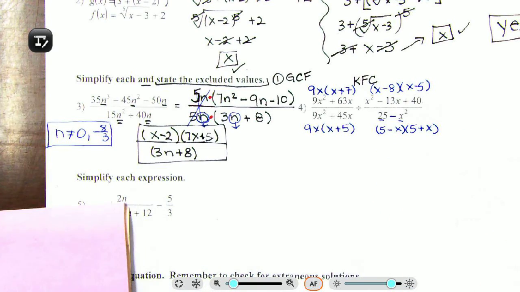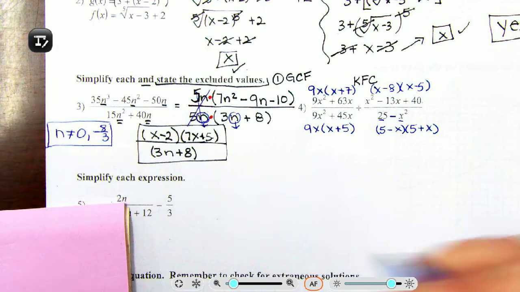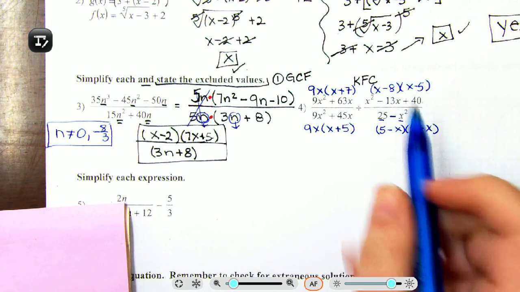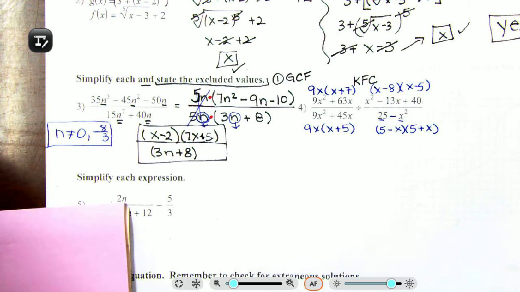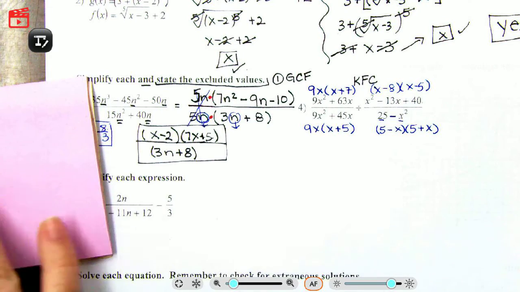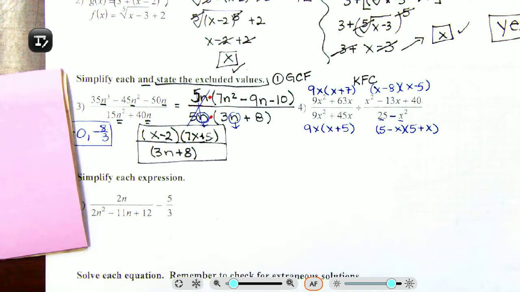Okay, here it is. The reason I do not want you to cancel anything out or apply KFC yet is once you are done factoring, you will identify all of your zeros. Okay, again, look at your denominator. You are stating your excluded values.